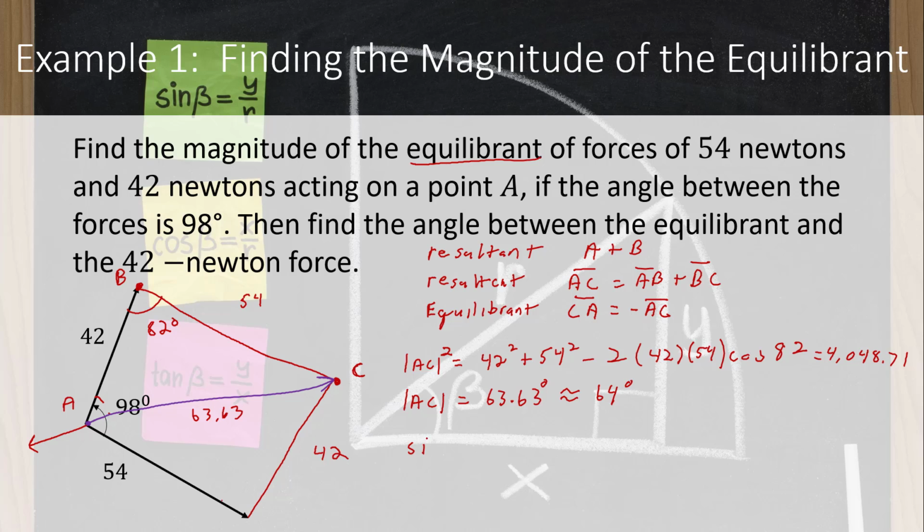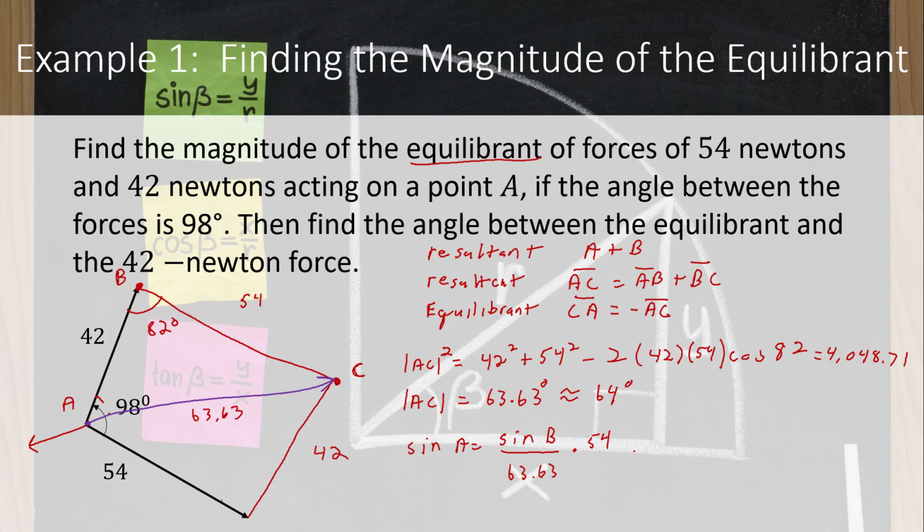So we will have that the sine of A is equal to the sine of B divided by the opposite side, which is going to be 63.63, times the side opposite to A, which is 54.